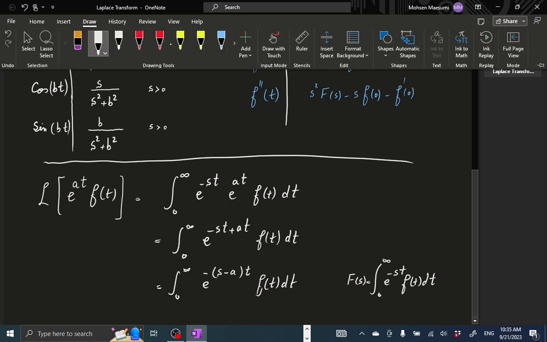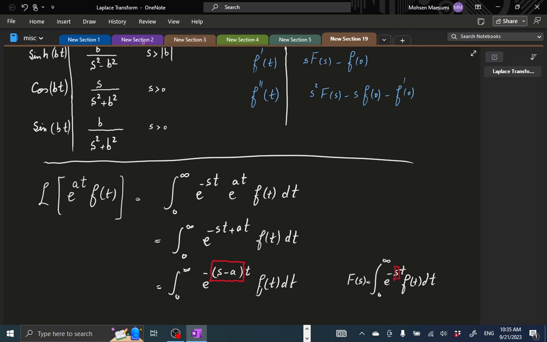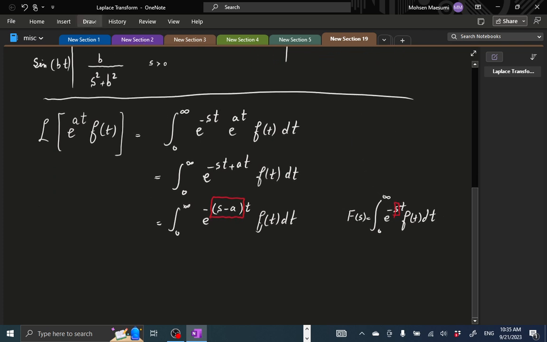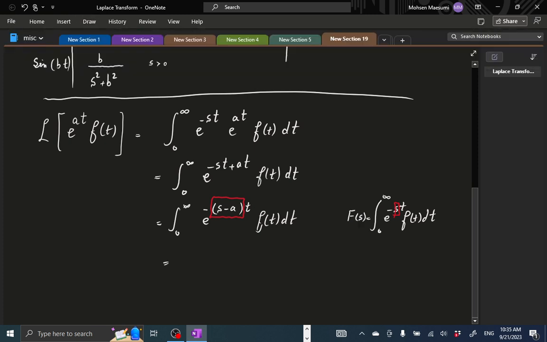The difference is that here I have s minus a, and here I have s. So it stands to reason that if the final output of this integral is F of that s, that is F of whatever is inside of that box, then in this case what we are going to have is F of s minus a.